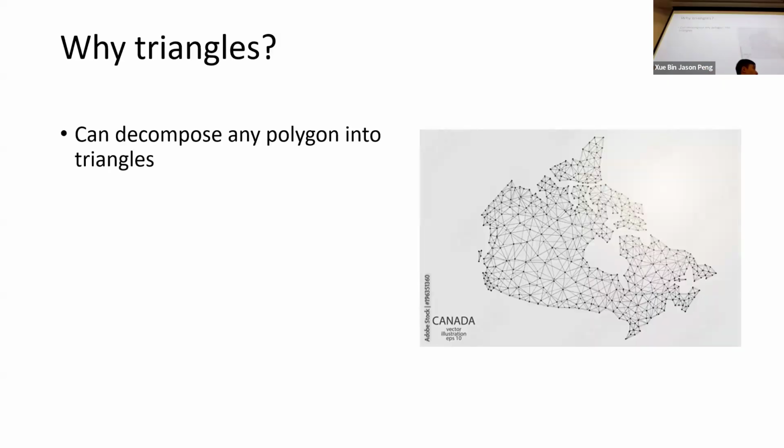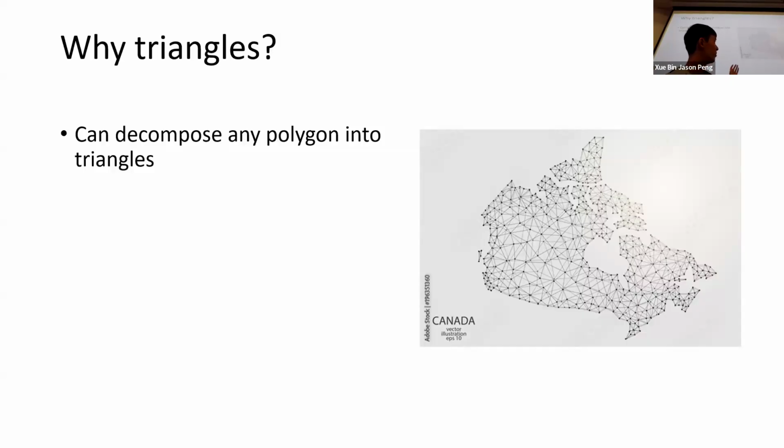Well, triangles have a really nice characteristic where any complex polygon can be decomposed into a set of triangles. On the right here, we have an example of a fairly complex polygon in the shape of Canada. And even though this is a very complex polygon, we can decompose it into a mesh of simpler triangles.